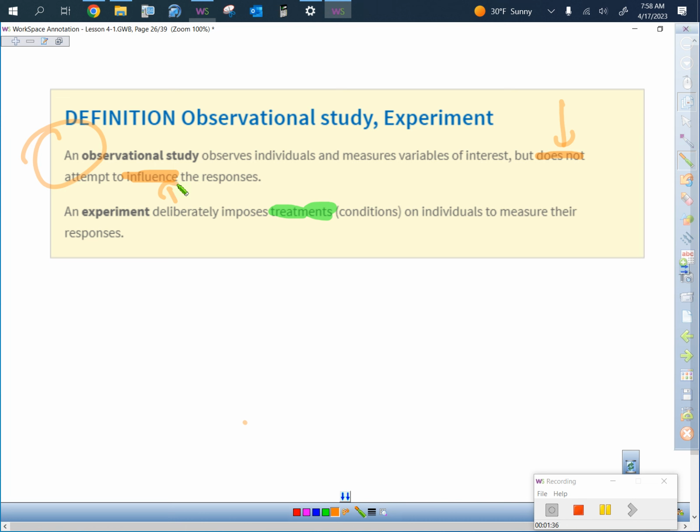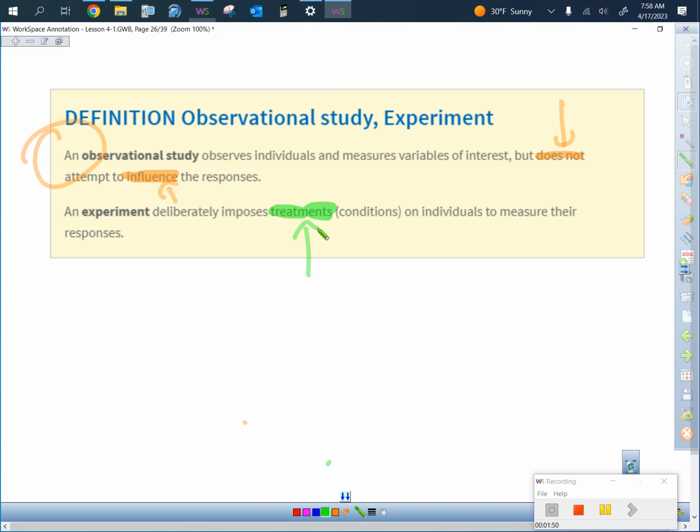Observational studies do not attempt to influence the responses. They just watch it and see what happens, hence the word observational. An experiment deliberately imposes some sort of treatment to individuals, so you can fill that in.